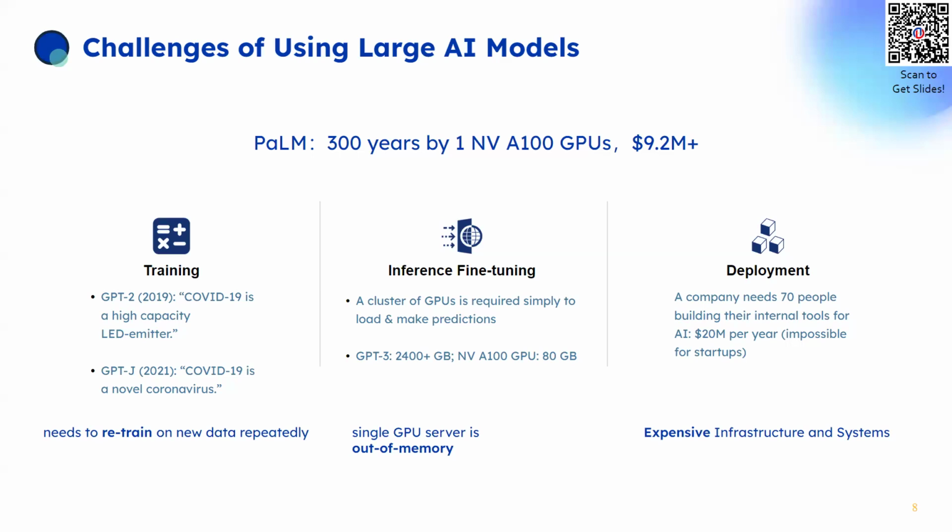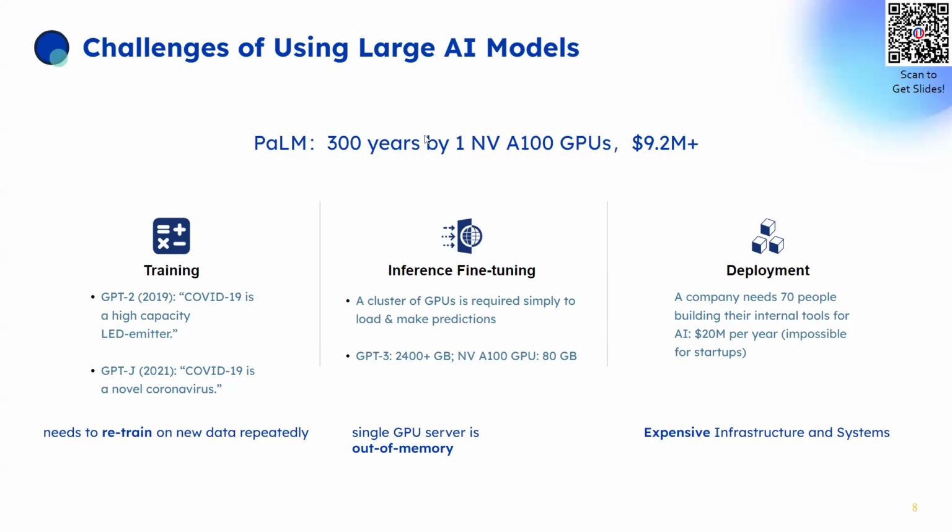PaLM has 540 billion parameters, roughly 3 times larger than GPT-3, but it's still smaller than GPT-4. So how about we assume we can use some magic compression techniques to fit PaLM in just one GPU? How about we just assume this is possible?